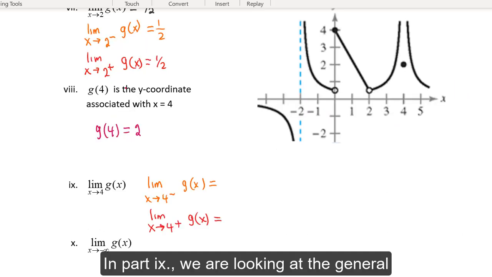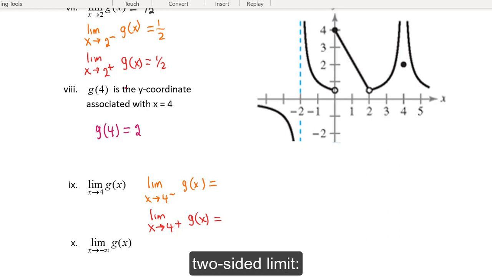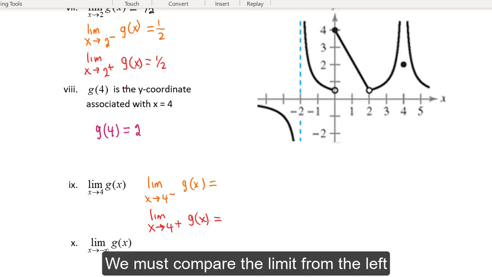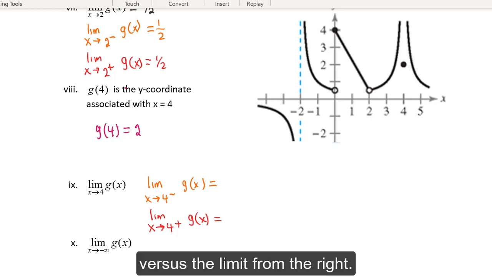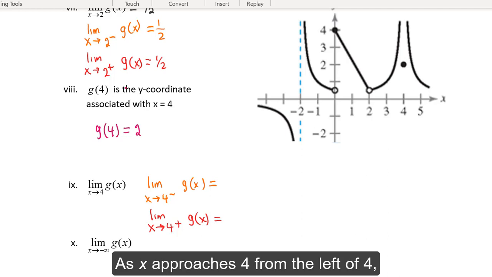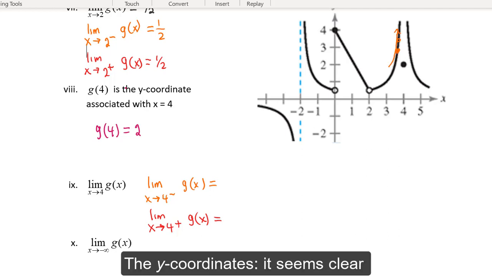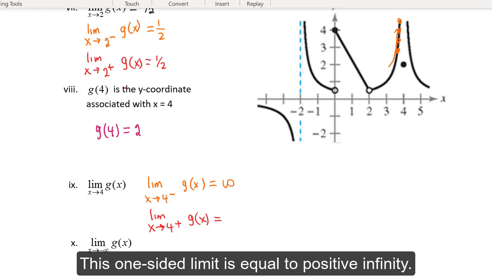In part 9, we are looking at the general two-sided limit, the limit as x approaches 4 of g of x. We must compare the limit from the left versus the limit from the right. As x approaches 4 from the left of 4, we're looking at this portion of the graph. The y-coordinates, it seems clear they are increasing without bound. This one-sided limit is equal to positive infinity.